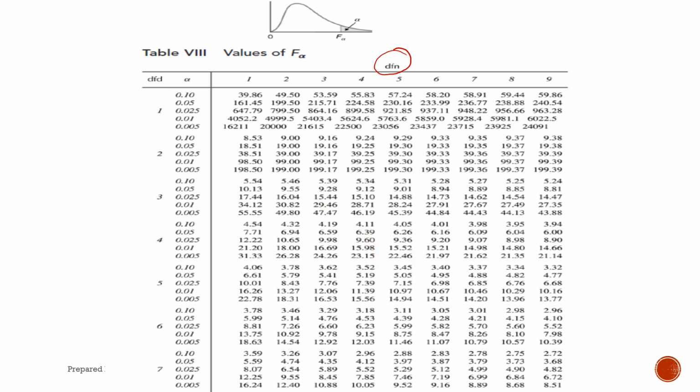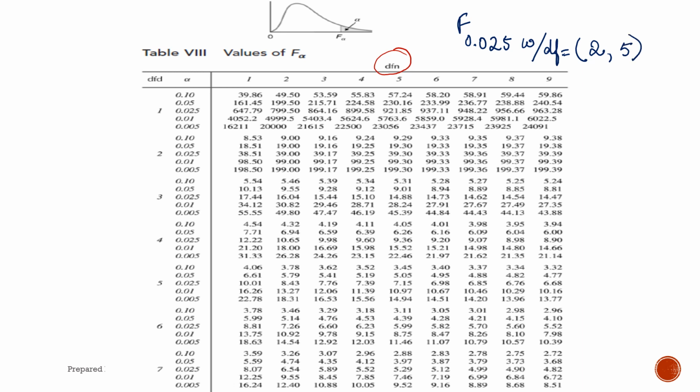So just for example, if we are looking for F of 0.025 with DF, and we'll talk more about those parameters, numerator and the denominator, but let's say that the numerator value is 2 and the denominator parameter is 5.